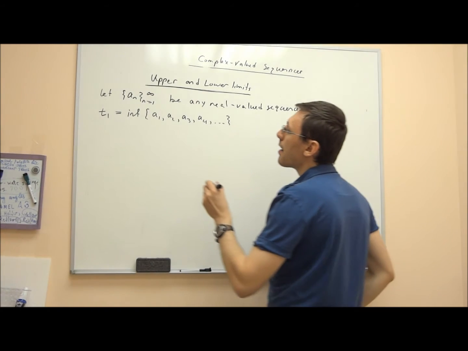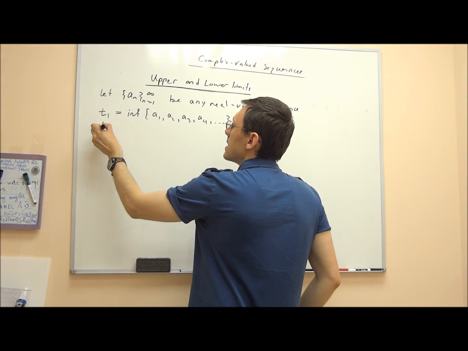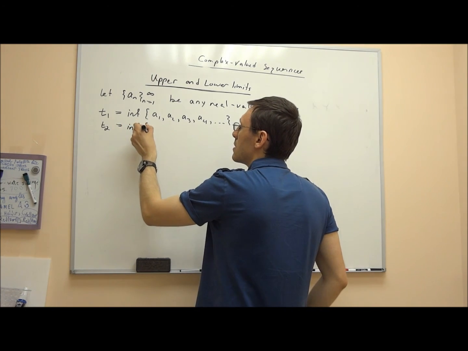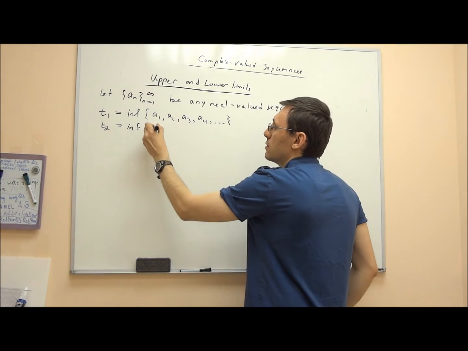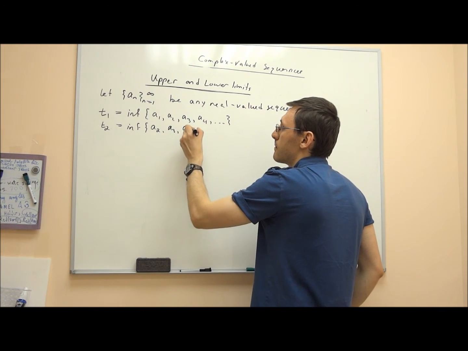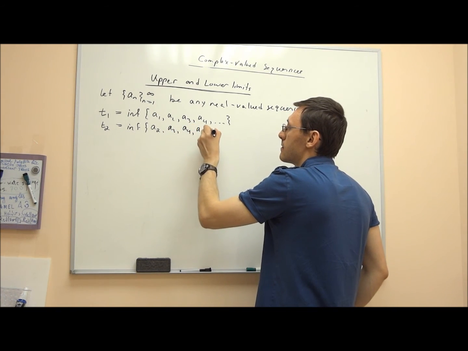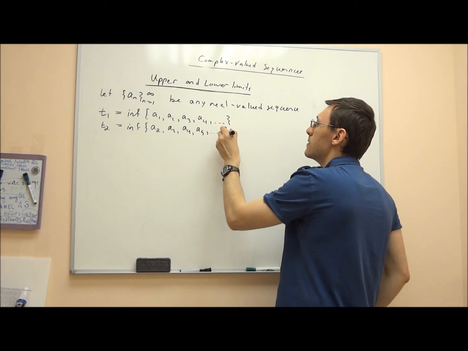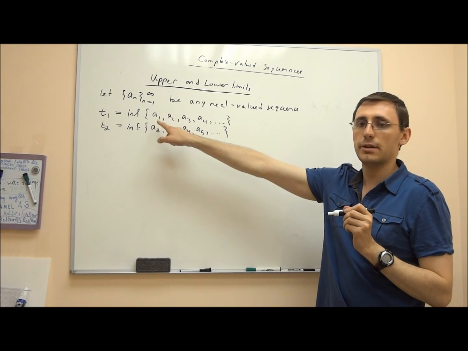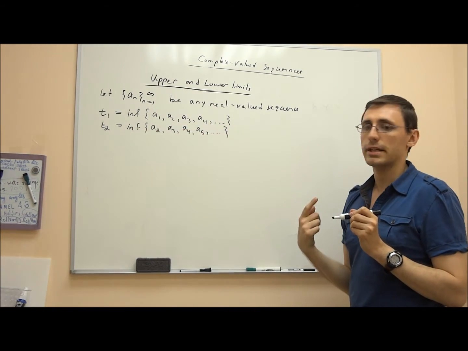Then we're going to say that T2 is going to be the infimum of the sequence starting at 2. Right? T2 is the infimum of the same sequence where the first element of the sequence was deleted.